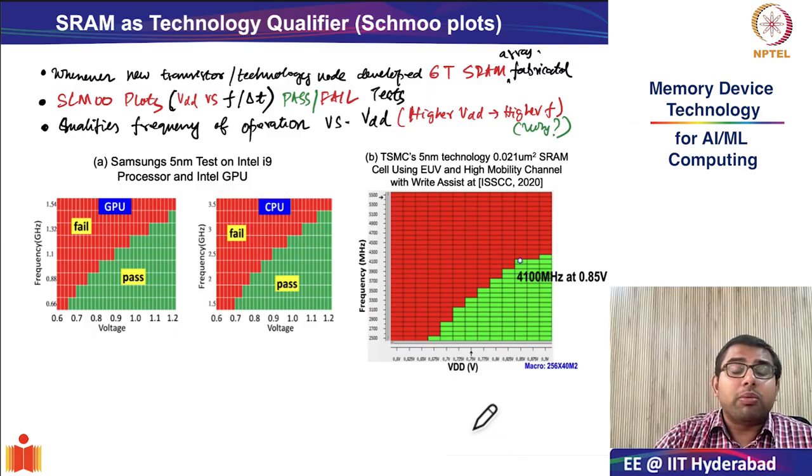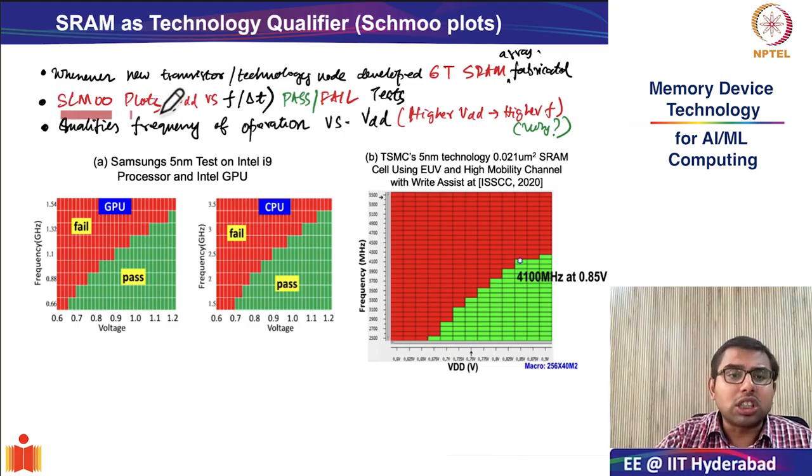Since SRAMs are made from these highly advanced technology nodes, whenever a new transistor technology node is developed, the 6T SRAM cell array is fabricated using that node, and by doing multiple read and write test cases, you try to see how well your SRAM is performing and therefore how well your transistor technology is performing. This is done by a technique called Shmoo plots, where you do these pass-fail tests.